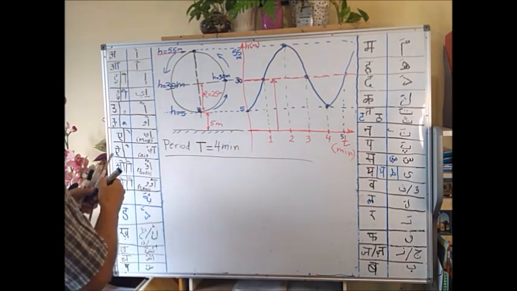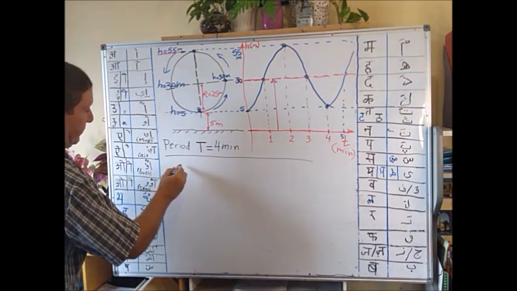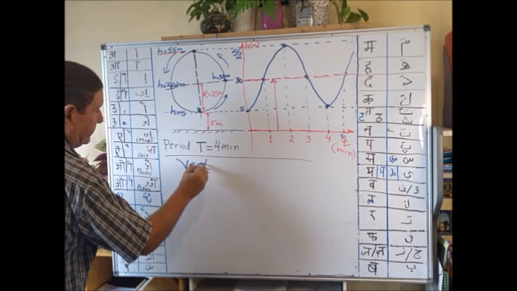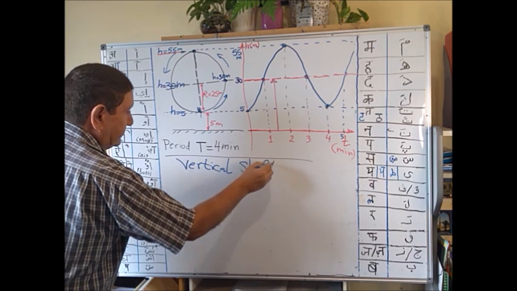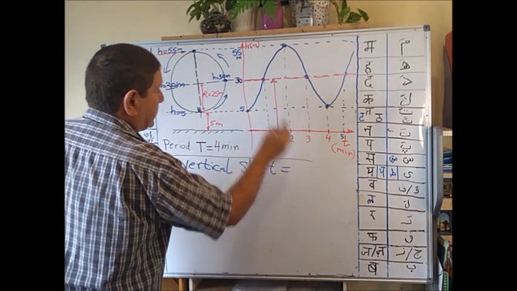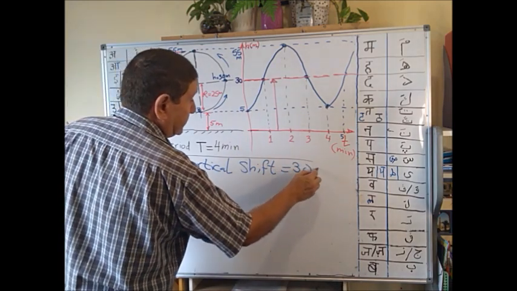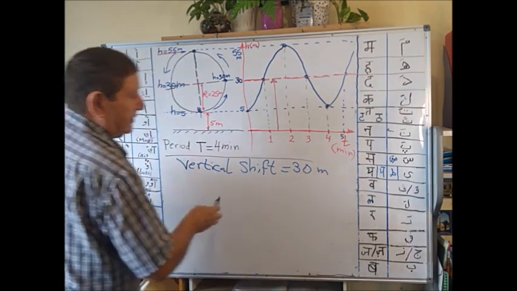So we have a vertical shift equal to 30.